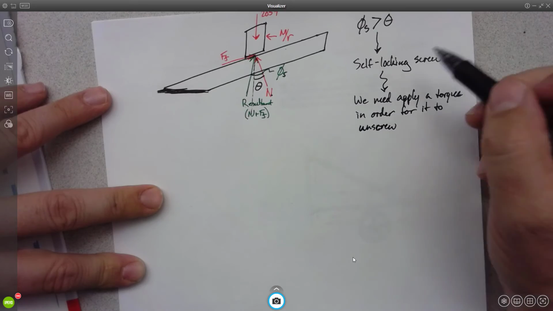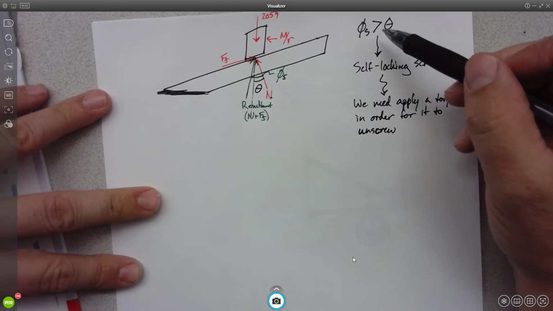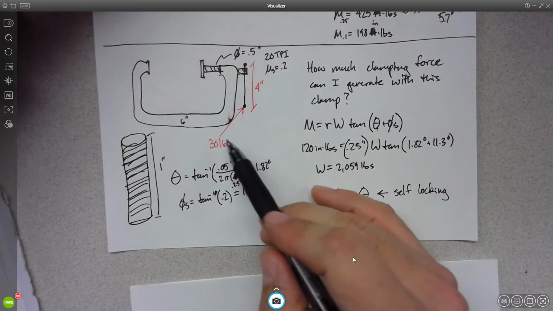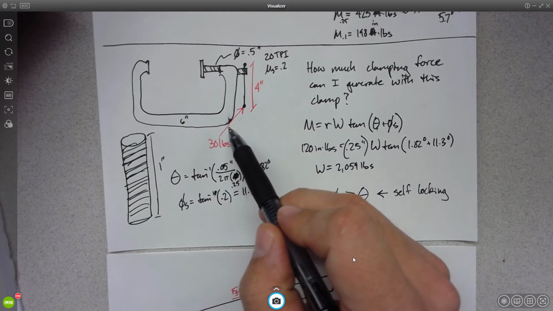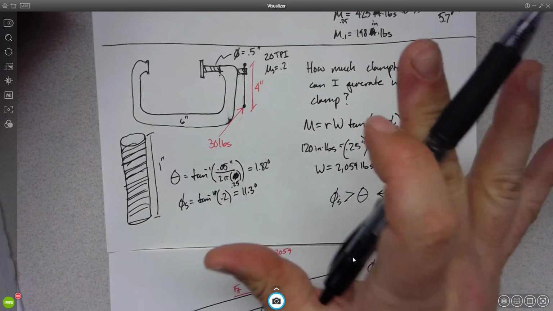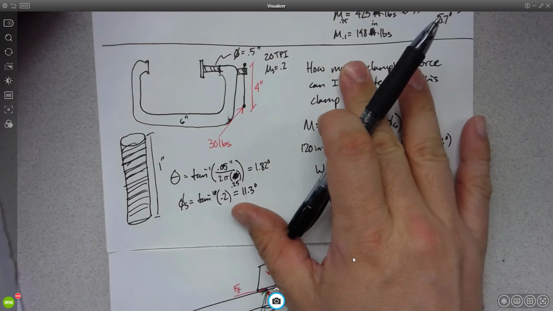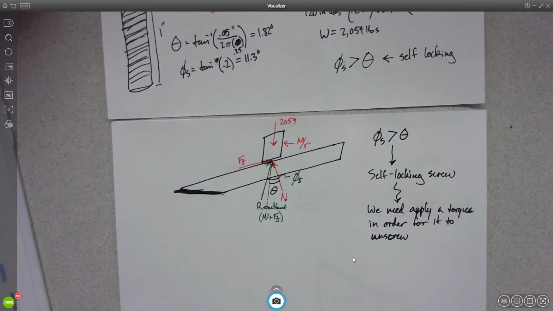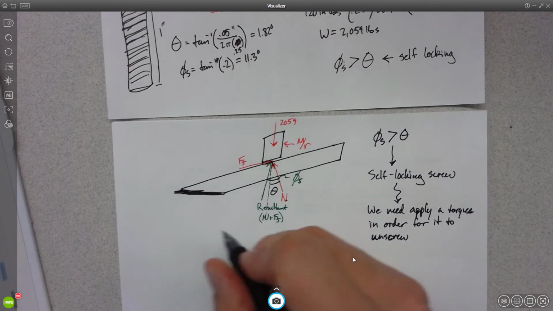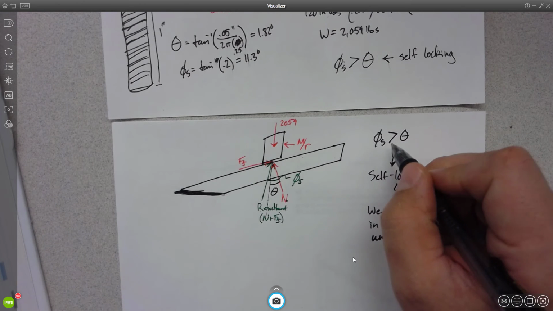Self-locking means that when we stop applying our 120 inch-pounds of torque on the C-clamp, it's not going to just unwind itself. It's going to stay right there. It's self-locking.